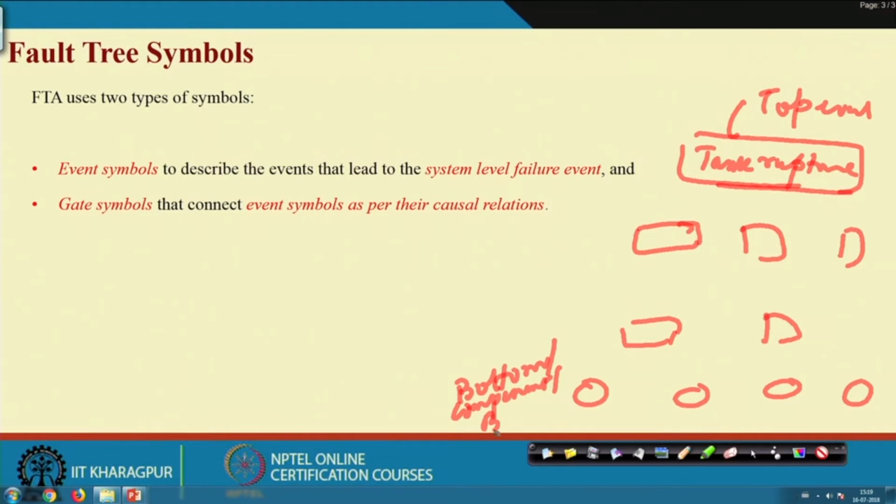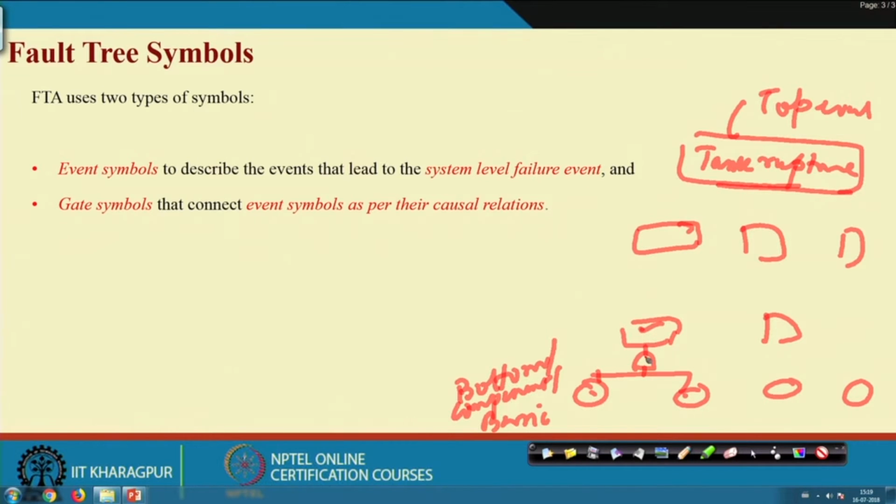What we are saying is that gate symbols are used to connect event symbols to the higher level symbols with causal relation. These are the events, this is an event symbol, event symbol. Now, suppose I want to link this symbol with these two, you can create a gate here like this.